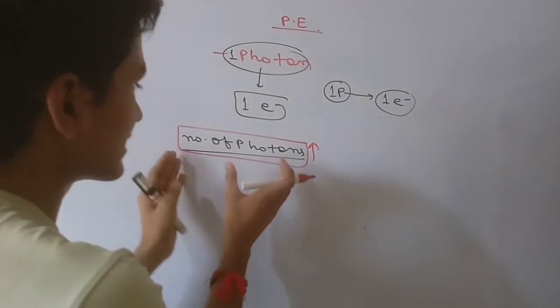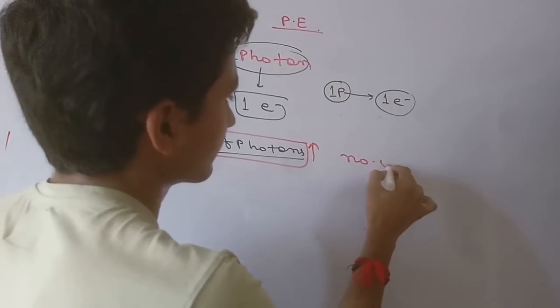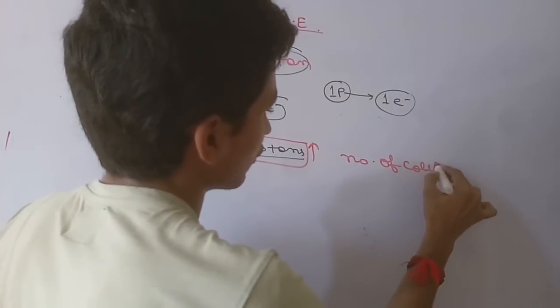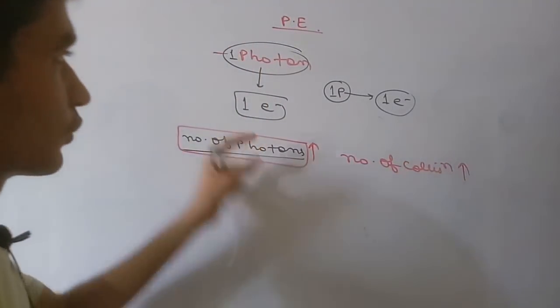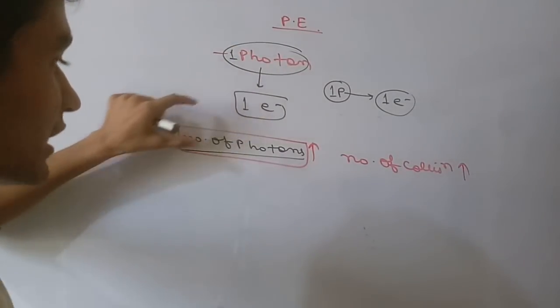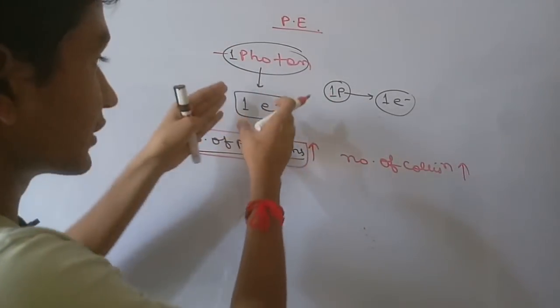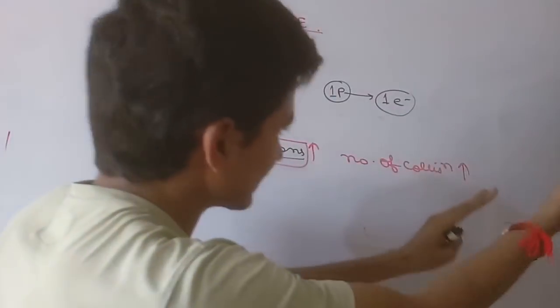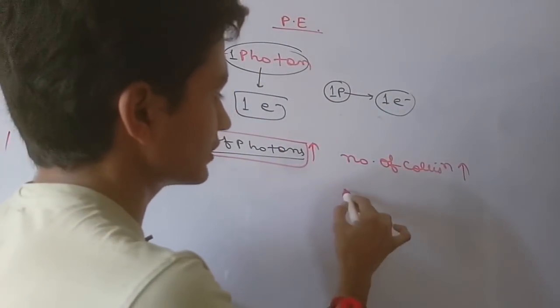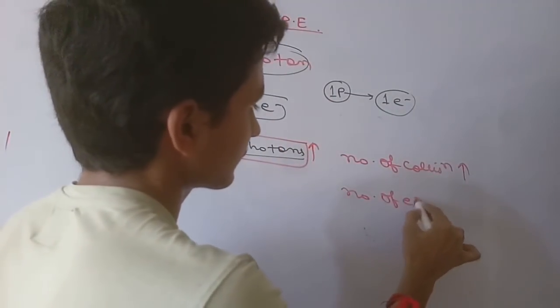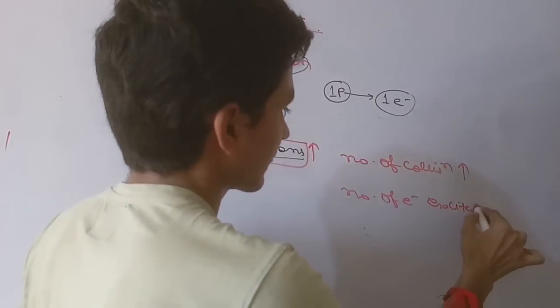So if you increase the number of photons, then the number of collisions will also increase, because one photon is giving energy to one electron. The number of electrons excited will also increase due to the increased number of collisions.